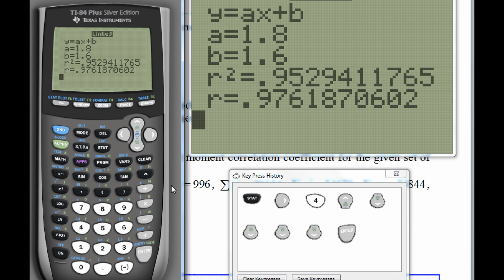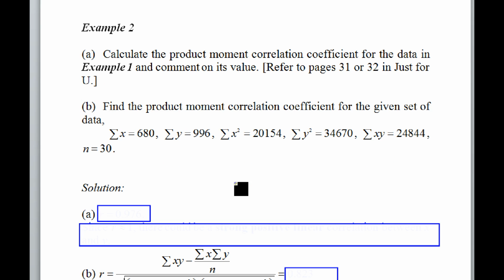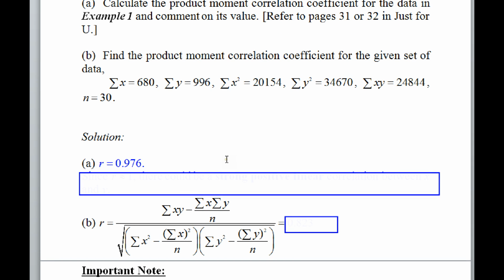So easy, right? One mark only, don't be so happy. Okay, so solution: 0.976. Now, what do we say a bit more? Comment on its value.